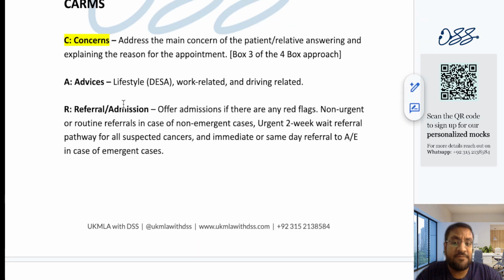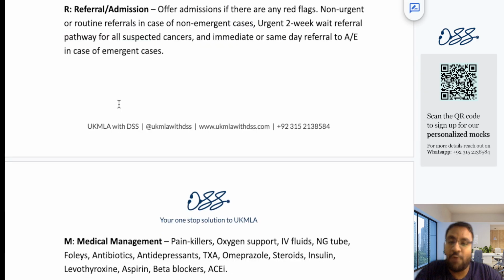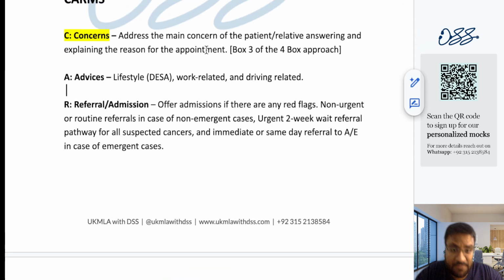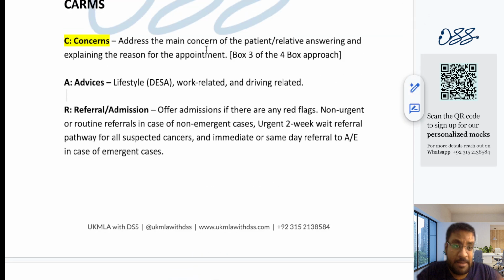Once the concern addressing and the advices are done, you may want to refer the patient somewhere. The patient might need referrals, like for example, in the lifestyle modification counseling, you've talked about how important lifestyle is, how important diet is, how important exercise is, how important smoking cessation is.